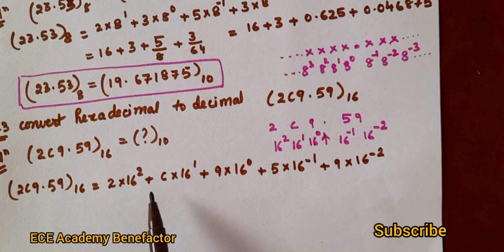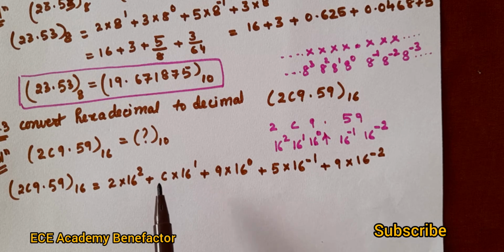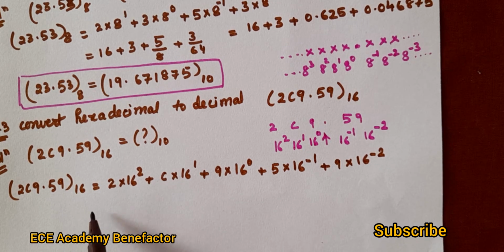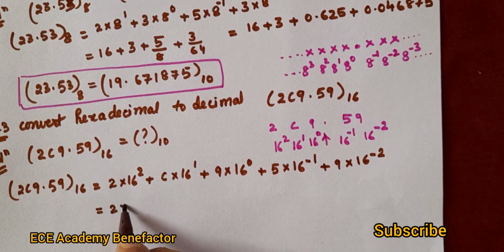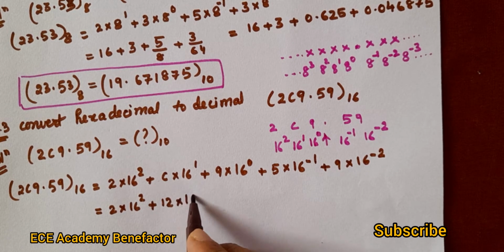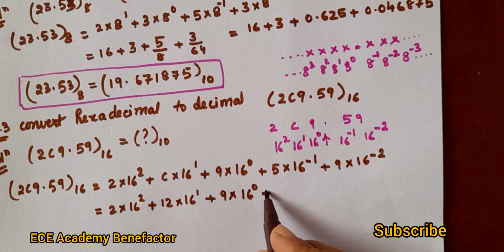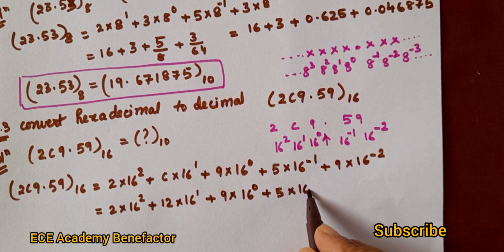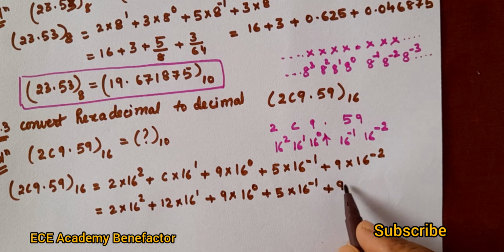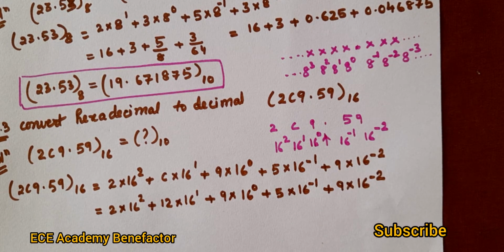This is a hexadecimal notation C. What is C equal to? A is 10, B is 11, C is 12. So you have to write the decimal value: 2 into 16 to the power 2 plus 12 into 16 to the power 1 plus 9 into 16 to the power 0 plus 5 into 16 to the power minus 1 plus 9 into 16 to the power minus 2.